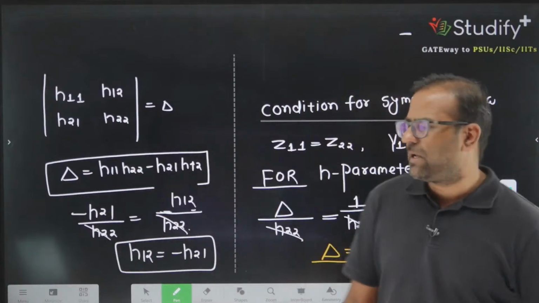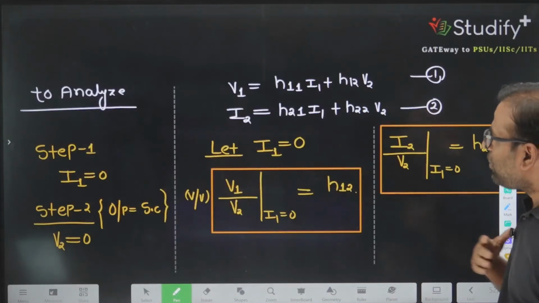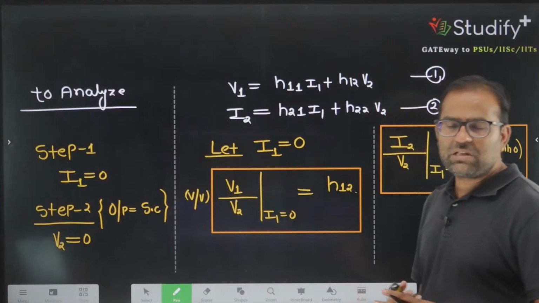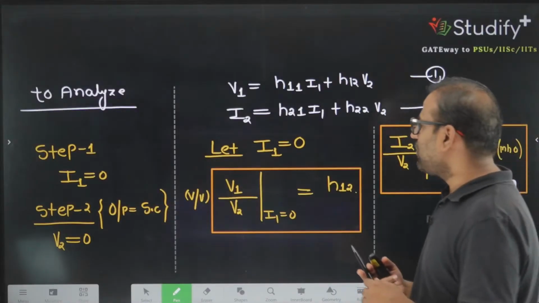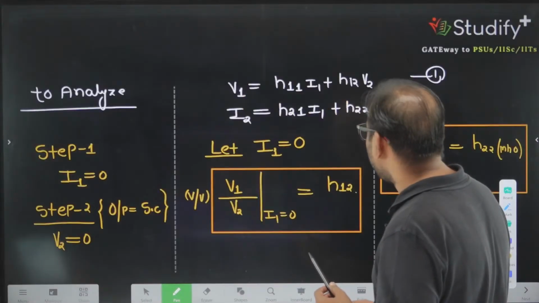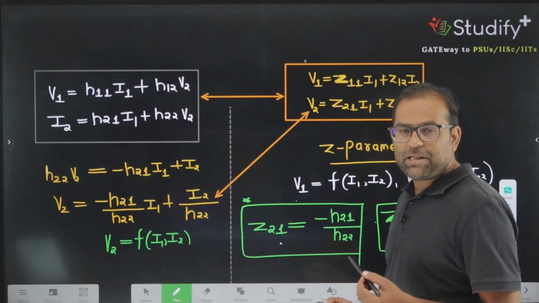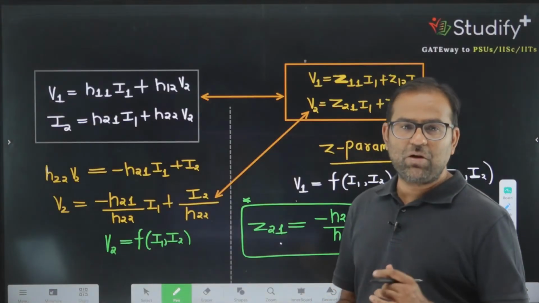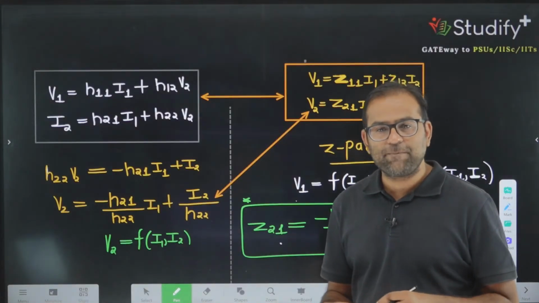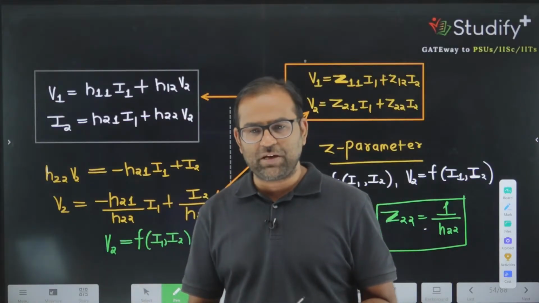Both you can obtain with the help of this, and you can convert this into y parameter also. What is the story of y parameter? Suppose you want to convert this into y parameter. The conversion to the y parameter is also a very simple task, because in y parameter we represent I1 as a function of V1 and V2 and I2 as a function of V1 and V2.